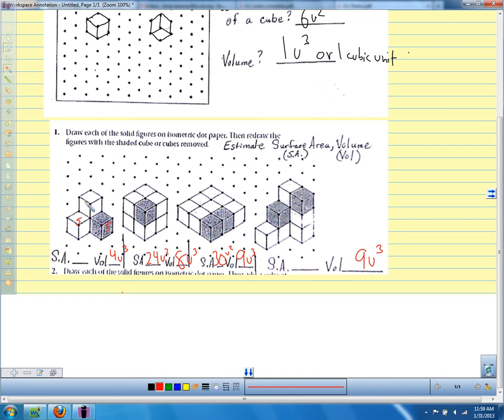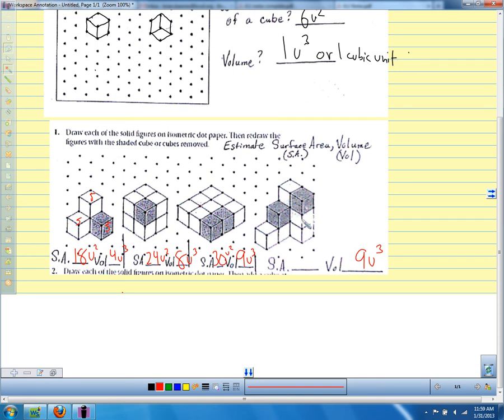How many are going to be showing here? 5. It's just sharing on the bottom. And then I have 15, and then there's one underneath. How many sides are going to be showing on that one underneath? I have one on the back, one on this side, and one underneath. So it's 3. So I have 15 plus 3 gives me 18 units squared.